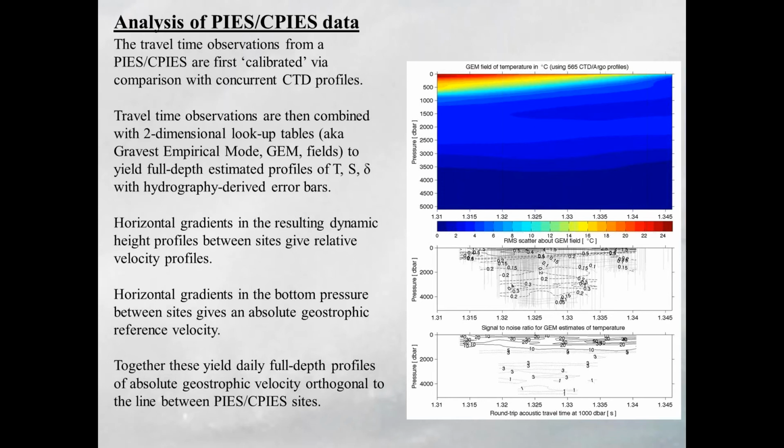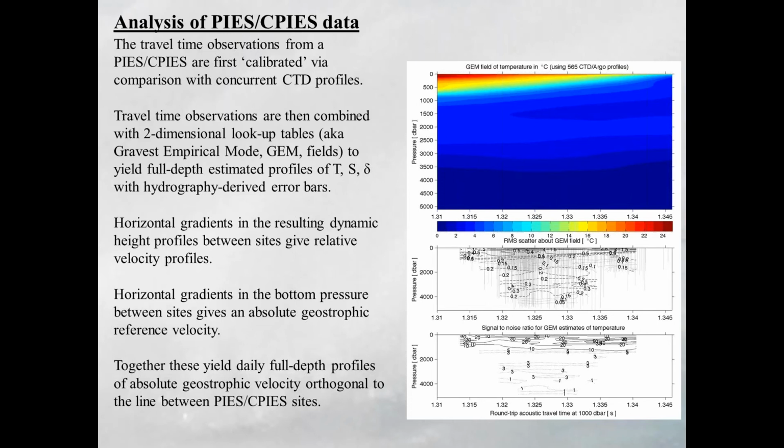And so you can integrate that sound speed between the surface and say 1,000 decibars, and you can get a simulated travel time. And if you sort your CTD data or your Argo profile data based on that simulated travel time, you can put together a two-dimensional lookup table for temperature in this case, do the same thing for salinity or density.